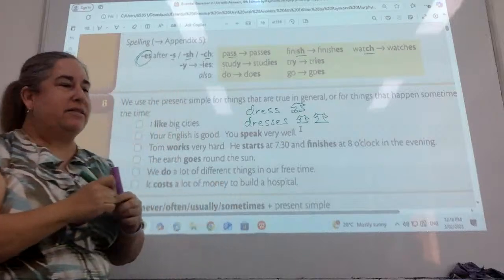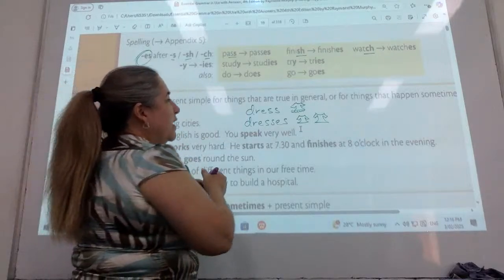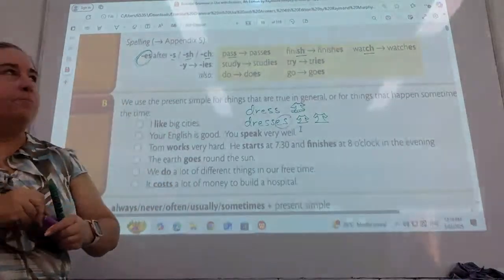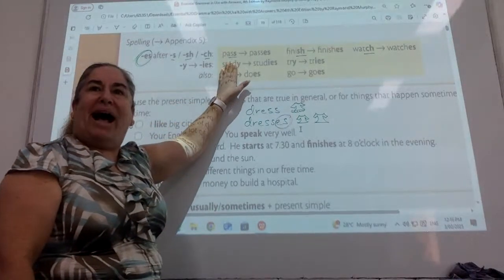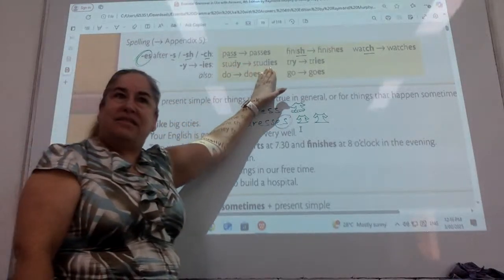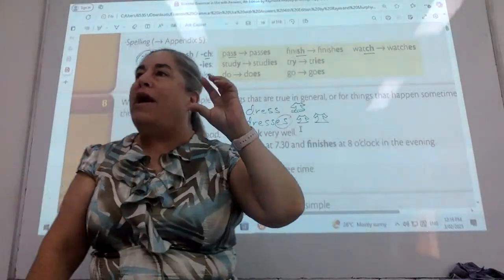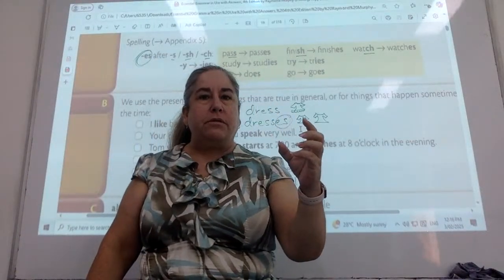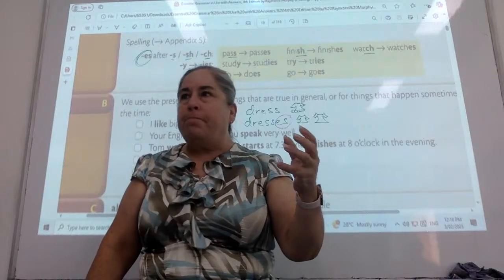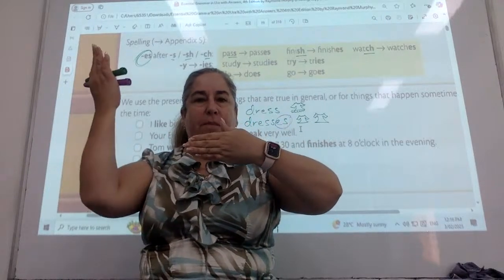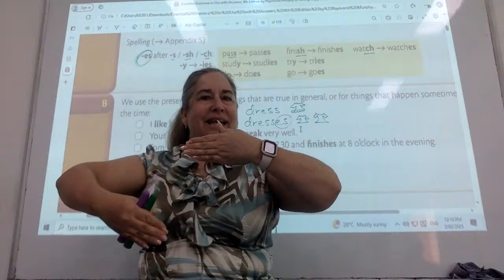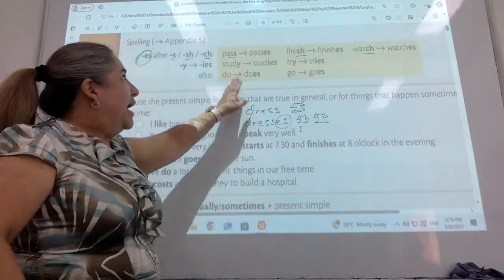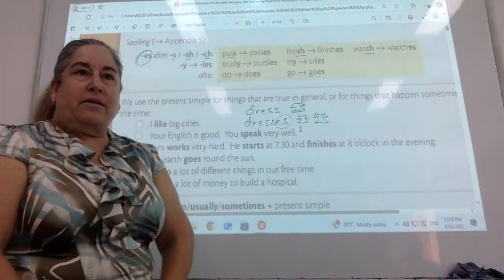There we go. Dresses. Okay, so now I've added the ES. So here we have pass, passes. When there is a lunar eclipse, what happens? You have the sun and the moon passes in front of the sun. Passes. Yes?